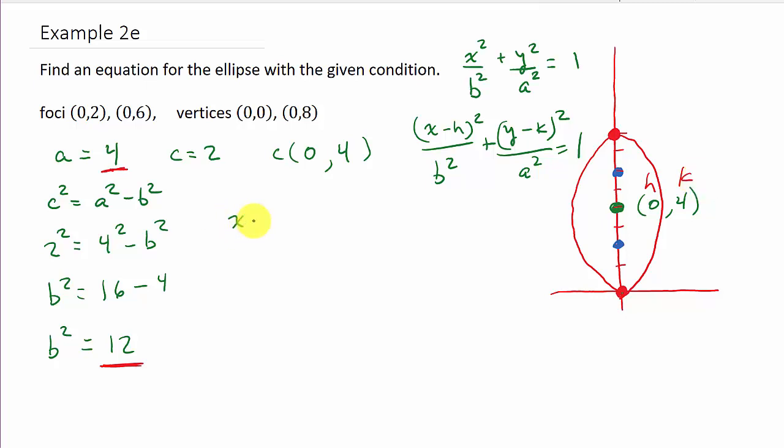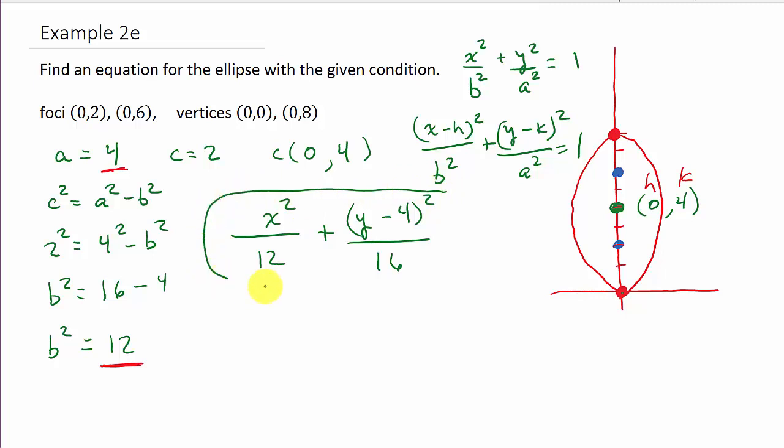I get x minus 0 squared over b squared, and b squared is 12, plus y minus 4 squared over a squared. Well, a is 4, so a squared would be 16. And then I would rewrite this as x squared over 12 plus y minus 4 squared over 16 equals 1. And this would be your answer.